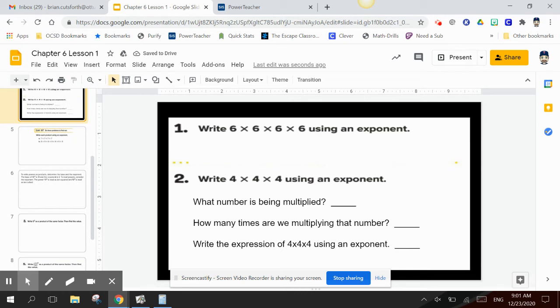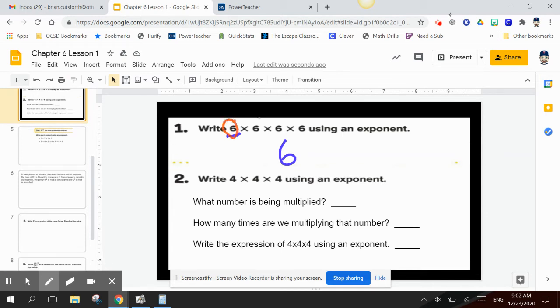So to write 6 times 6 times 6 times 6 using an exponent, we first look at the number that's being multiplied. In this case, 6 is being multiplied. That will be my base number. That's my big number. Then we have to look at how many times it is being multiplied.